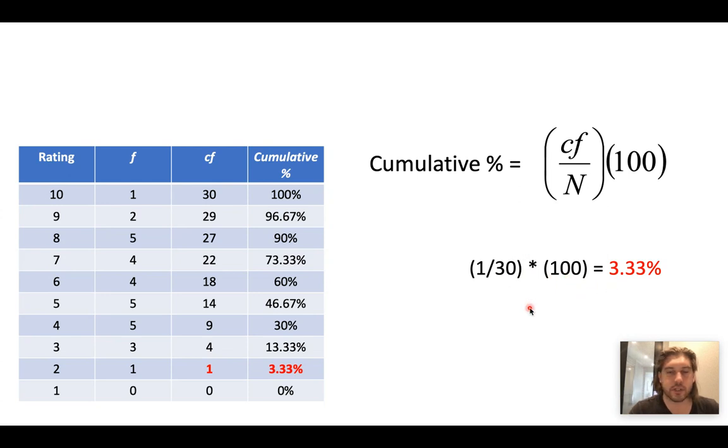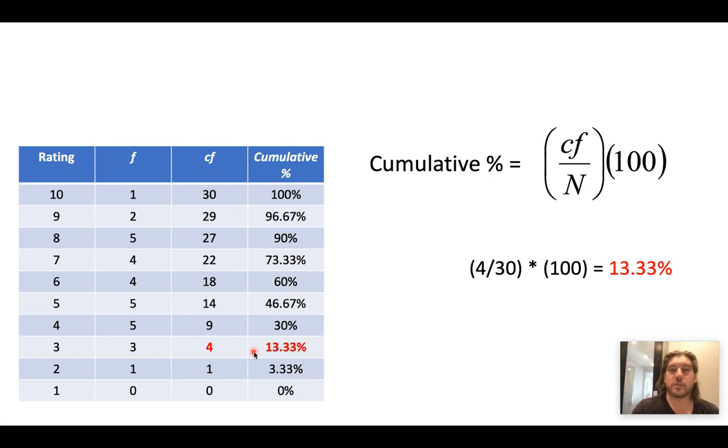That's what this 100 does again. And we get 3.33 repeating. Remember, we want to round to 2 decimal points in this class. So we'll just cut it off at 3.33. What this means is that 3.33% of the data represent a score of 2 or below.